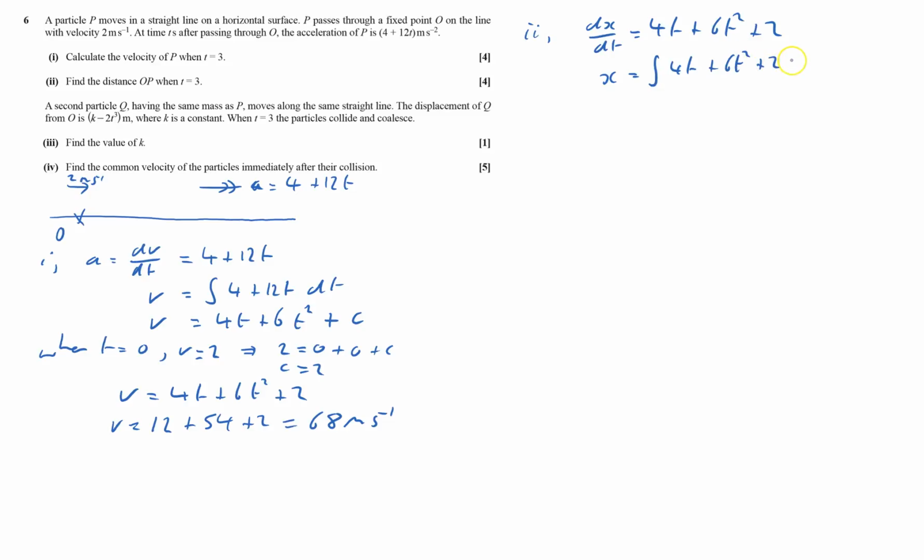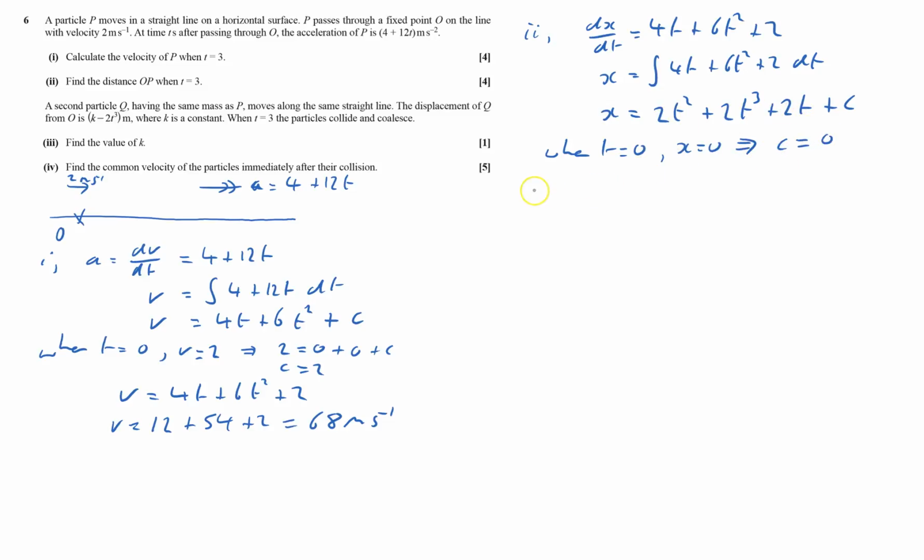Don't forget, while integrating, I'm going to have to get the plus c, and so that will give me x equals 2t squared, plus 2t cubed, plus 2t plus c. And when t equals 0, then we get x equals 0, and that implies that c equals 0.